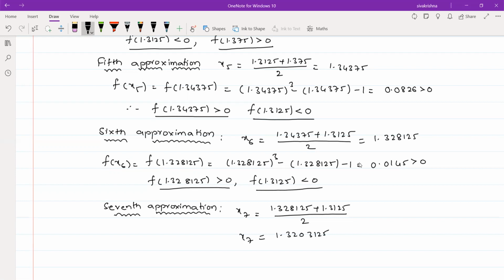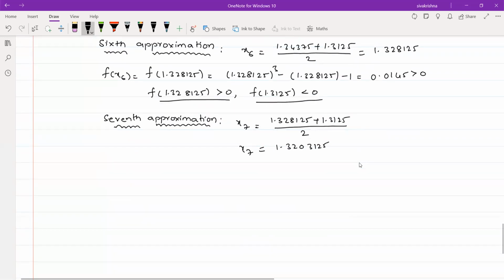From the sixth approximation we observe 1.328125, and in the seventh approximation we observe 1.32. It means the two decimal places are equal in both approximations x6 and x7, so we have to stop the problem at the seventh approximation. The approximation at which we have stopped is the root of the given equation.